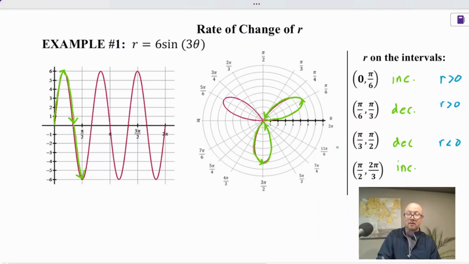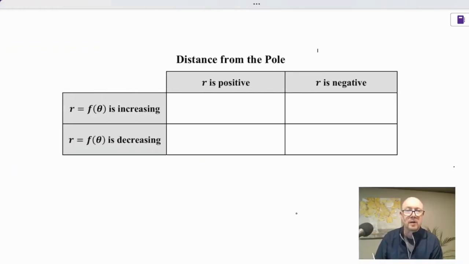So r is negative and decreasing. So now this switches. r is decreasing and negative, so we're moving farther away from the pole. And then in the last part, from pi over 2 to 2 pi over 3, r is increasing, but we have a negative r value, which means the distance is getting smaller, so we're getting closer to the pole.